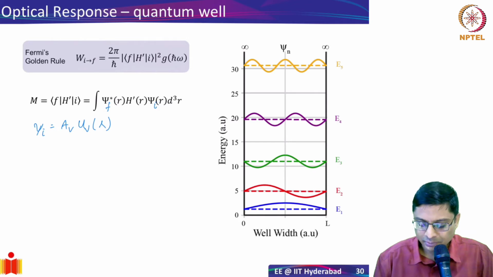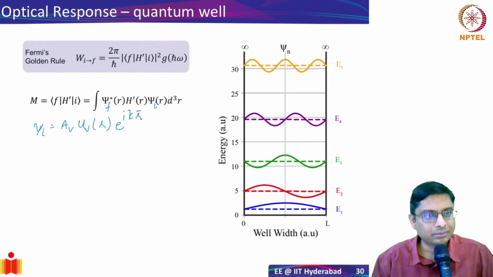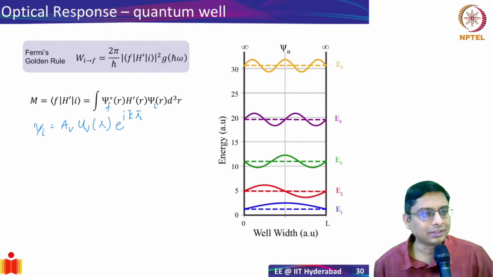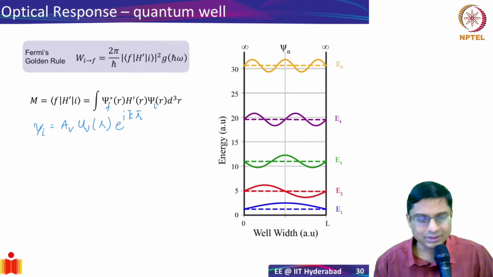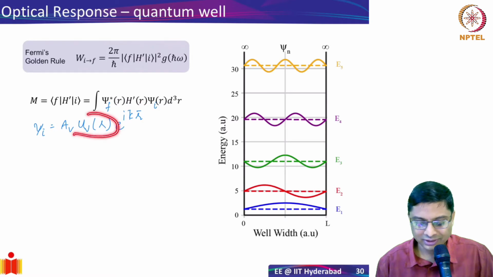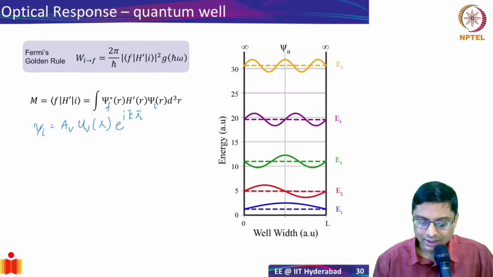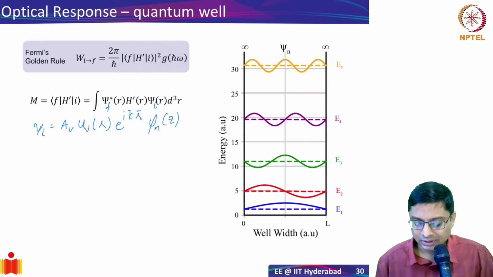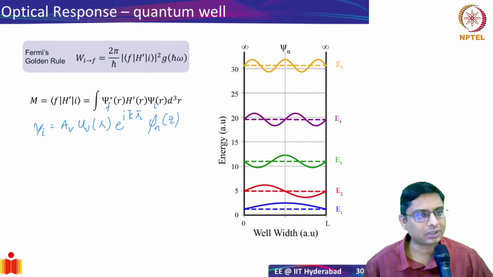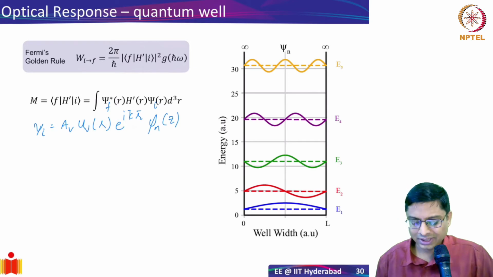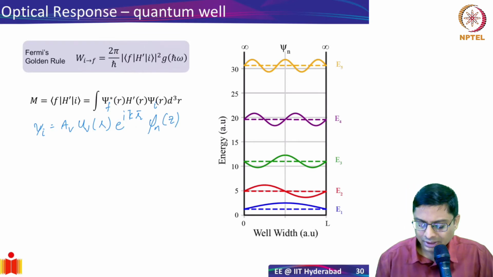Then there is the exponential e^(ik·r), as the electron can move about in the plane. In the previous lecture I did not mention this part, but it should be there, because if it was only free space it would not be needed, but the electron is actually moving in a lattice. That's why we have to consider this as well. And then of course there is phi n of z.